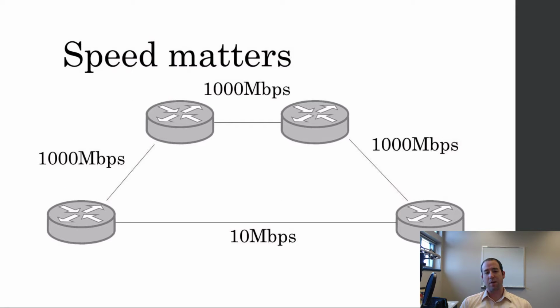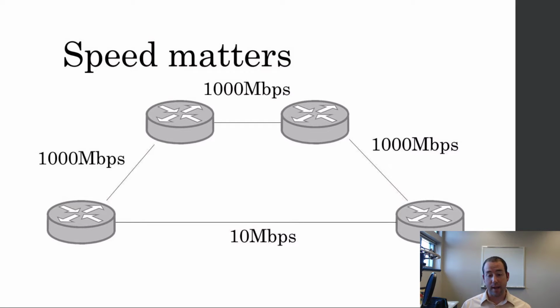So the reason speed matters, as opposed to thinking of hops the way a distance-vector protocol might: if we look at the router on the bottom left and the router on the bottom right, and router A on the left wants to send a message to router B on the right, the shortest way in terms of hops is to send it directly. Now, if this is a small network or a small message, then 10 megabits per second might be plenty, and we can send that across just fine.